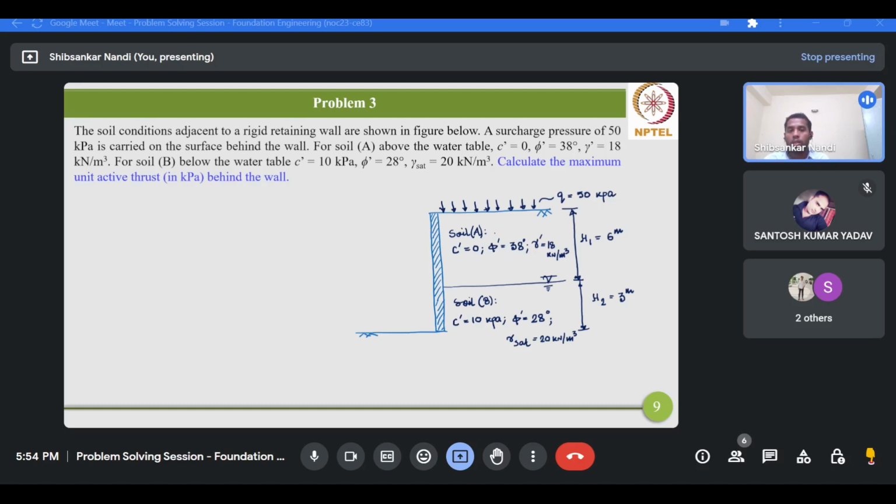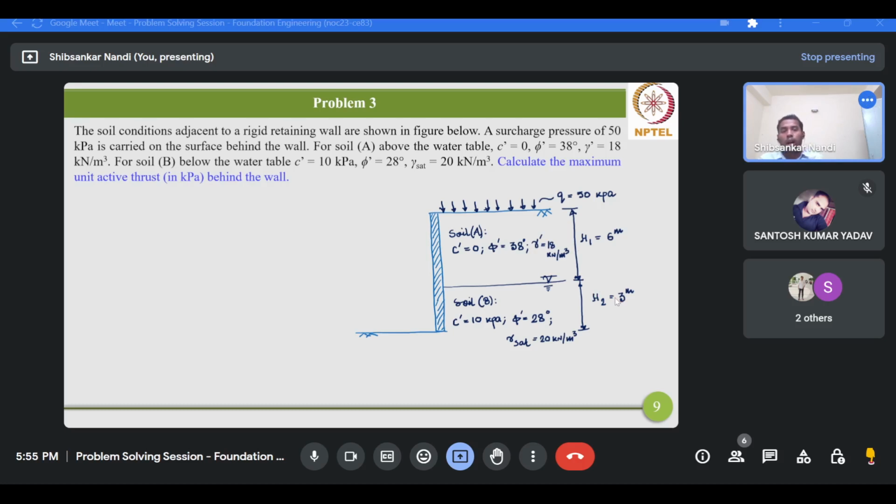This is also a two-layered backfill, layer A and layer B, and at the interface we have the groundwater table. Each layer doesn't have equal thickness; layer A has a thickness of 6 meter, which is greater than the thickness of layer B, which is 3 meter.